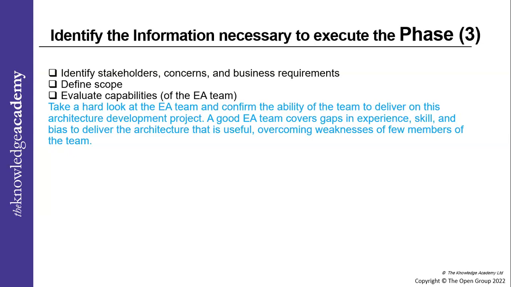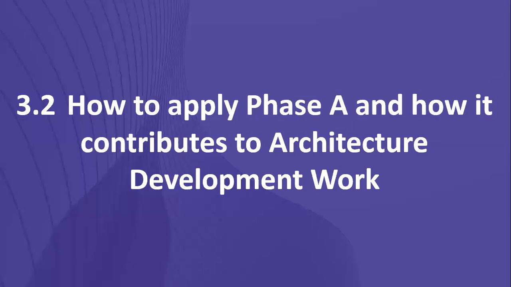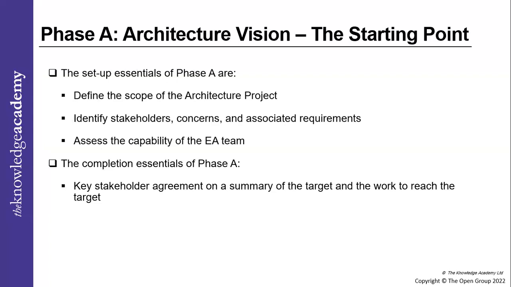Okay, here we go. More information on iteration. Now, how to apply phase A and how to contribute to architecture development work. Same thing here: what phase A does, the starting point, all that.